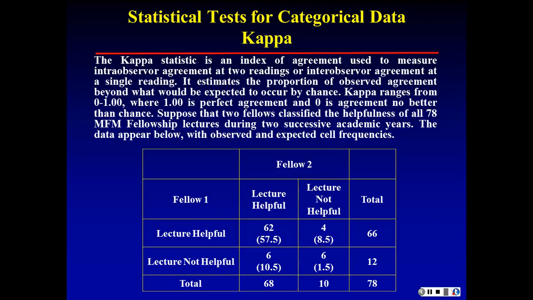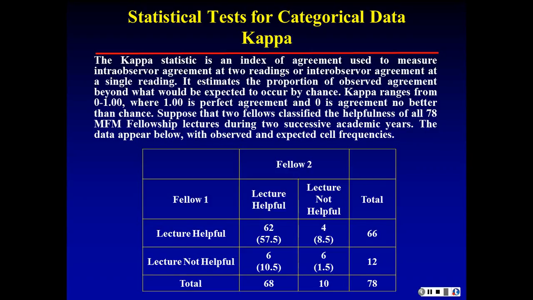The expected level of agreement is calculated just as we have before. For this cell, the row total 66 times 68 divided by 78 gives you an expected agreement for this cell of 57.5 lectures. Similarly, for this cell of agreement, 12 times 10 divided by 78 gives 1.5.